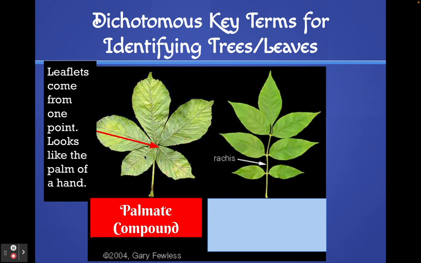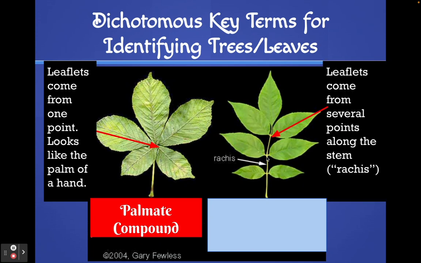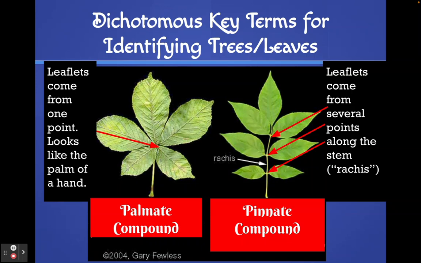The reason it's compound is that it's several leaflets coming from one stem. This one, though, is different. If you notice, the leaflets are coming from several points along the stem. So it's still compound, but we don't call it palmate compound. It's got a different name. It's called pinnate compound. So you're going to want to watch for the word palmate and pinnate. Palmate tends to look like the palm of your hand.